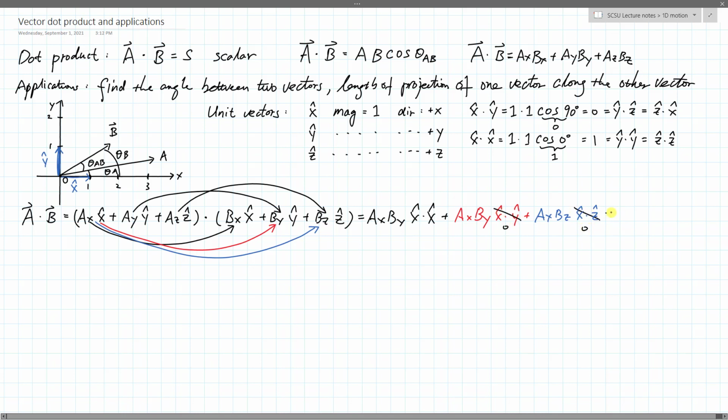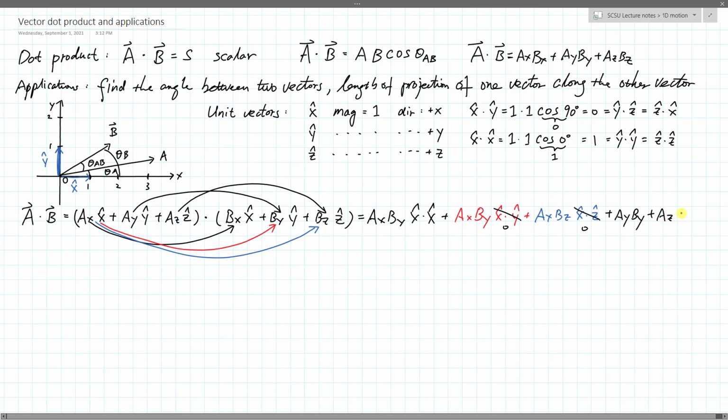So I'll just add two more terms: from the second term, only one non-zero, a_y b_y, and the third term distributed only with the third term in the other parentheses.